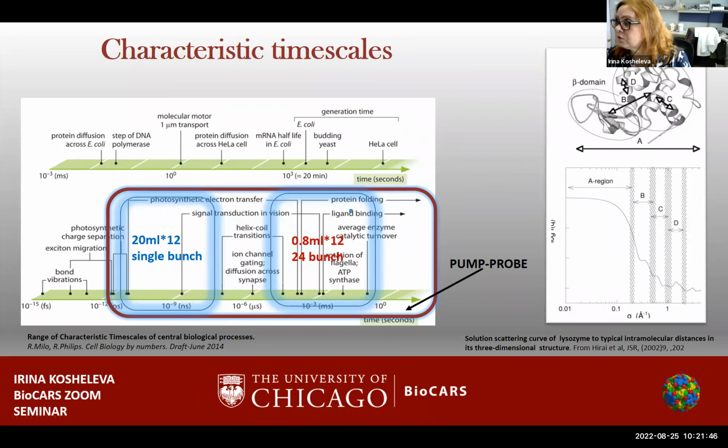It's just absolutely not possible to produce if the sample is not commercial. And of course, this is minimized 24 times when we're studying processes which are slower and where we can use more bunches at once. Again, for slower signal transduction and for slow protein folding, ligand binding, and so on.